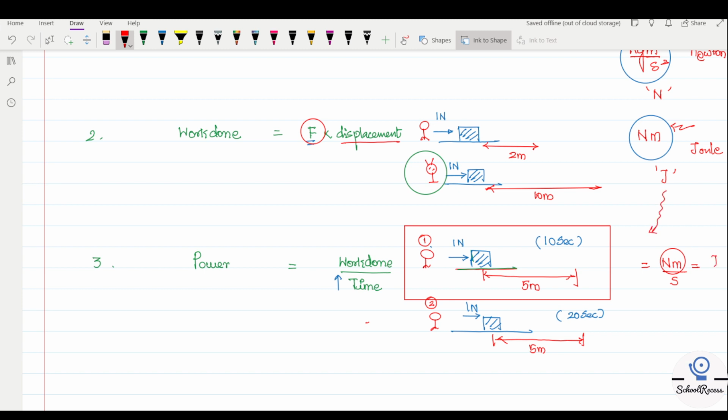So I can write joules per second. Again, in physics, if there comes to be a derived unit like this, a scientist would be coming and asking us to give his name. So here came the scientist known as Watt. So watt is also the unit of power denoted by W.